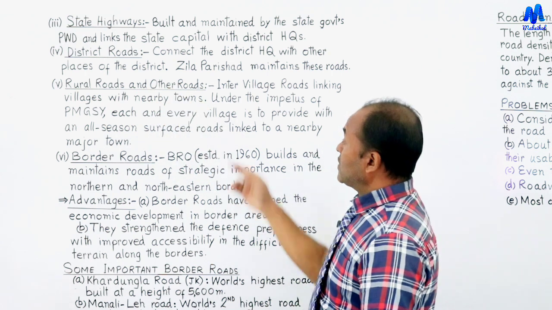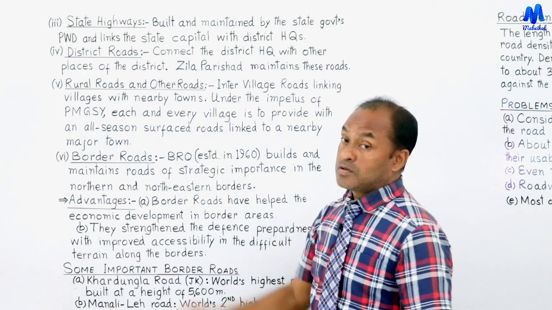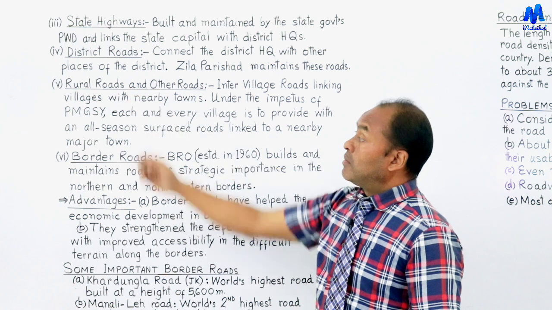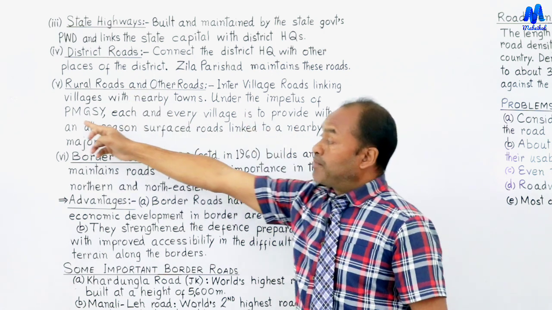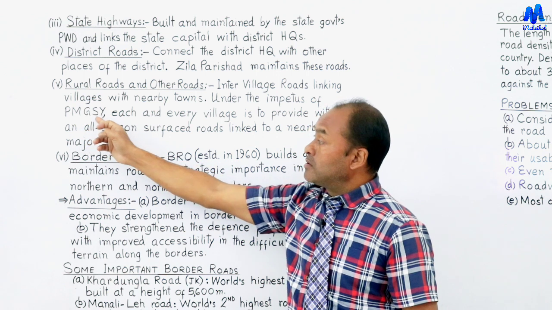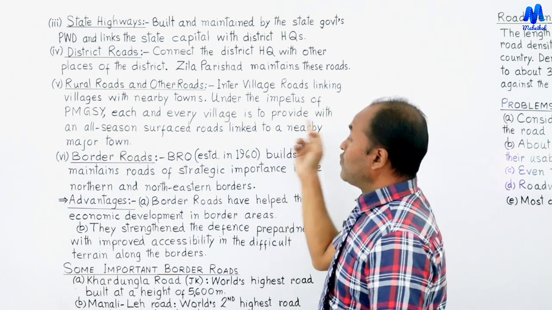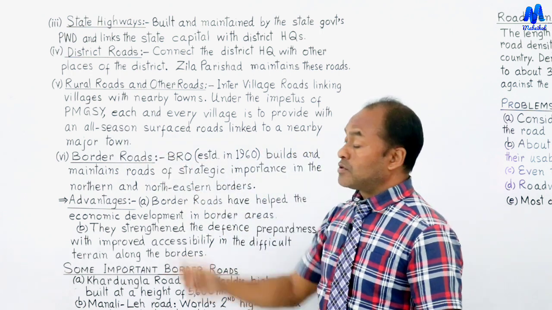Then number 5, rural roads and other roads. All types of inter-village roads linking villages with nearby towns are included in other roads or rural roads. Under the impetus of the Pradhan Mantri Gram Sadak Yojana, each and every village is to be provided with an all-season surface road linked to a nearby major town.